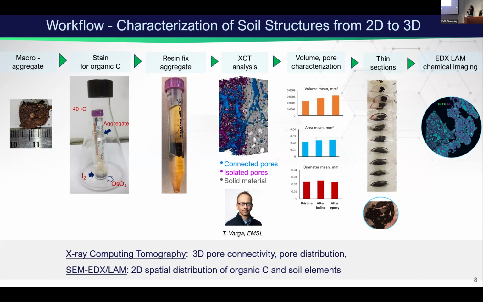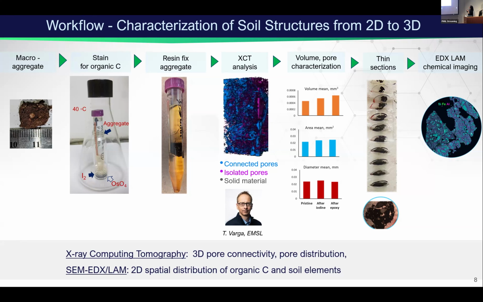After we did that, we were curious if there were any changes in this aggregate as a result of resin impregnation. So we did some characterization before and after resin. We do see some changes, of course. We expect to see a little bit of changes. They are not enough to change the chemical distribution around the pores.